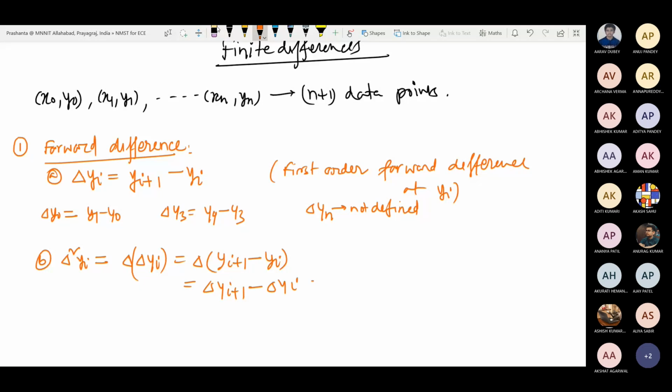How much are you getting after simplification? Yi plus 2 minus yi plus 1 minus yi plus 1 plus yi. Okay. So yi plus 2 minus 2yi plus 1 plus yi. Using this, you can find any second order forward difference.